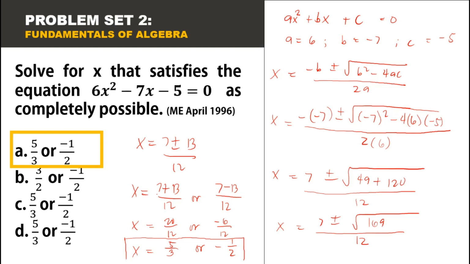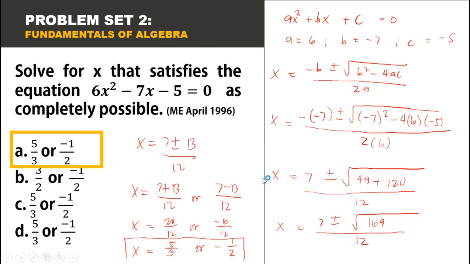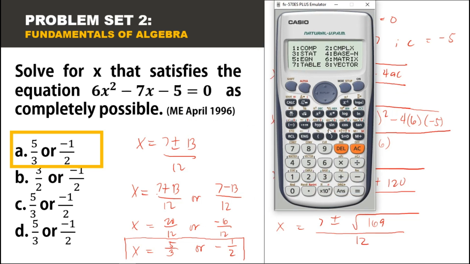You can also use our calculator technique, using again the mode equation function. You press mode, then equation, so 5. For quadratic, you have 3. The position of the constant is before the equal sign, so you must always remember the positions of the constant because it has different forms.